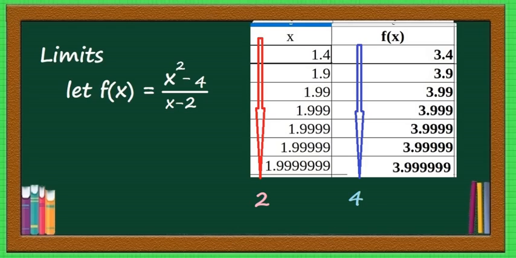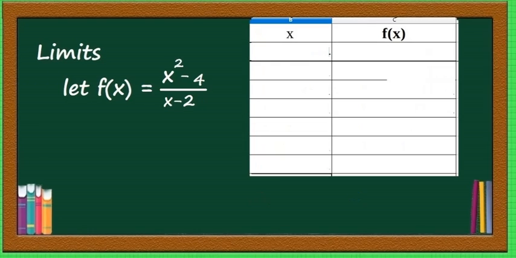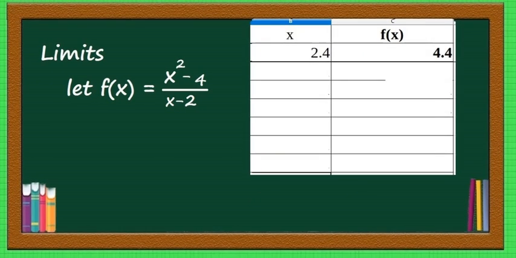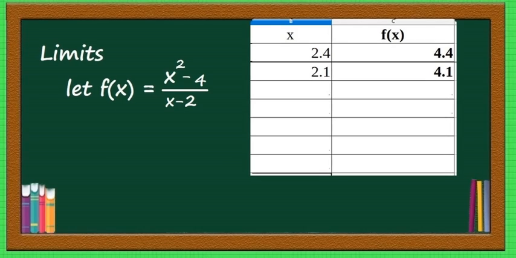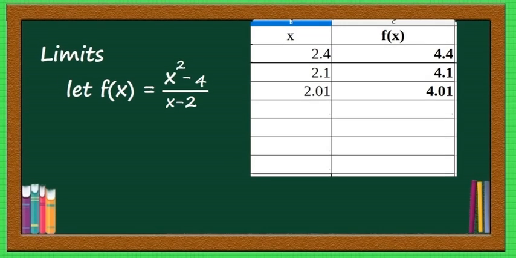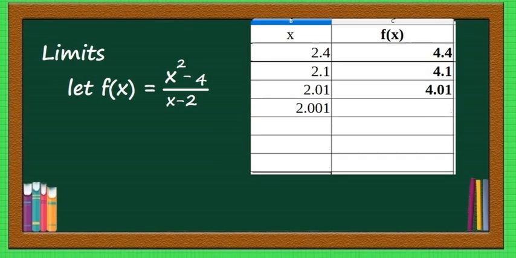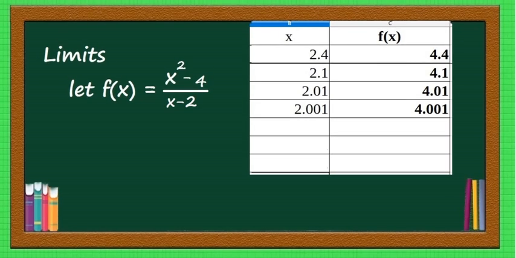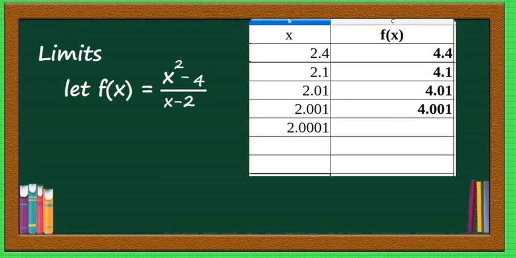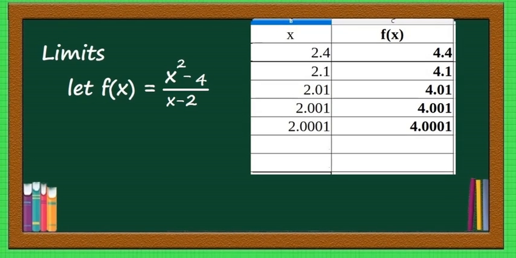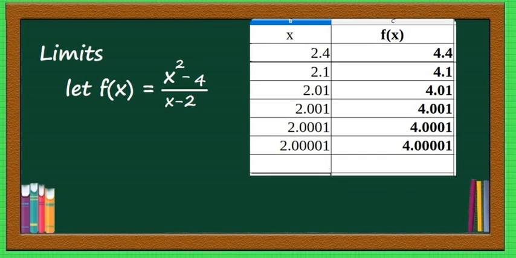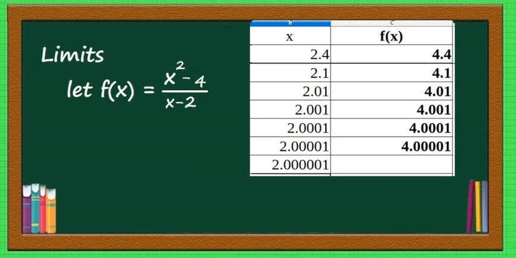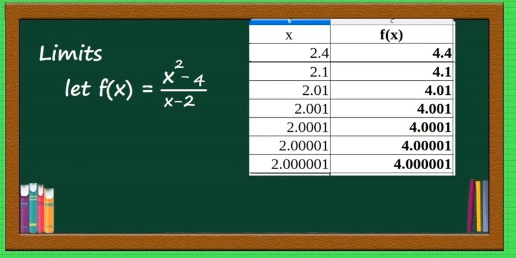When you take the right side of 2, what happens? You just see here. When x is 2.4, f of x is 4.4. When x is 2.1, f of x is 4.1. 2.01, f of x is 4.01. 2.001, f of x is 4.001. 2.0001, 4.0001. 2.00001, 4.00001. 2.501, 4.501.